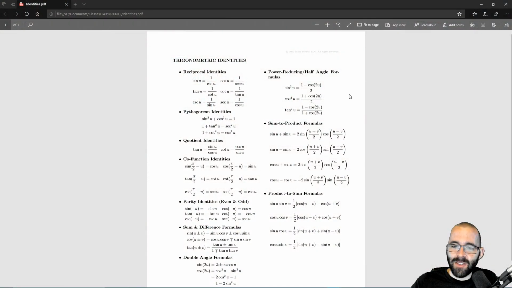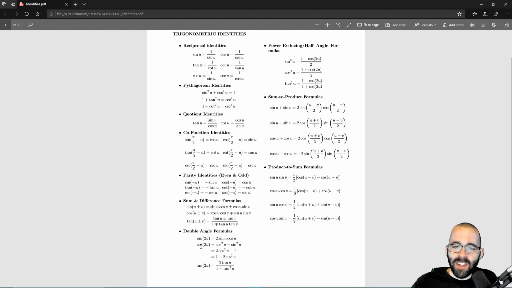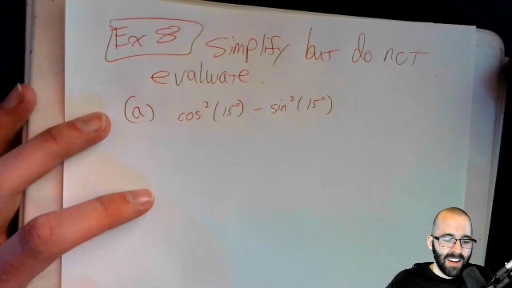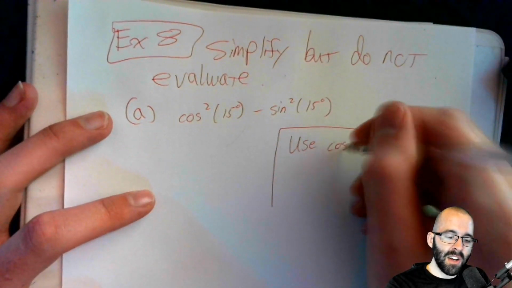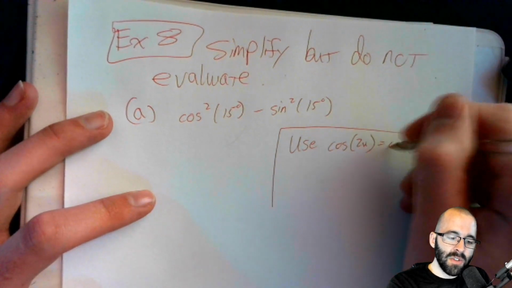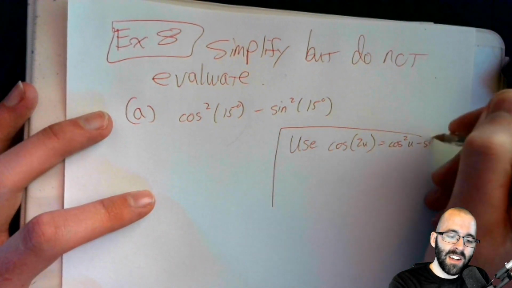Specifically, it should look like something in chapter 9. Double angle formula. Cosine of a double angle is the cosine squared of that minus the sine squared of that. Right? So that's what we're going to do here. We're going to use the fact that cosine of 2u equals cosine squared of u minus sine squared of u.